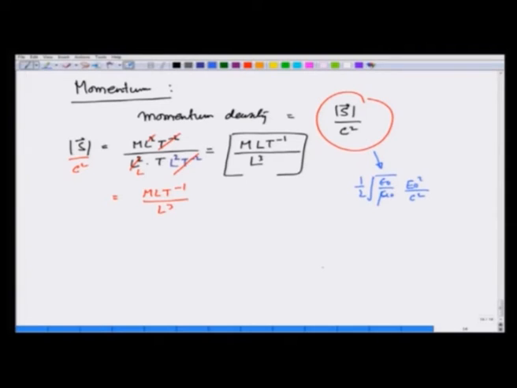Given this momentum density, what is the momentum flow? The momentum flow is nothing but c times the momentum density, which is going to be equal to 1/2 square root of epsilon 0 over mu 0 E 0 square over c. Let us rewrite them in terms of u.